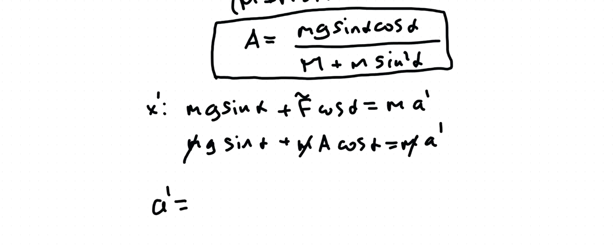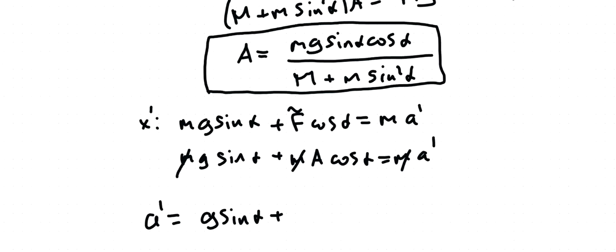g sine alpha plus capital A cosine alpha. But for capital A, I will substitute our already known result, namely mg sine alpha cosine alpha, but there's another cosine. So there's one cosine alpha coming from here and one coming from here. So that should be cosine squared alpha.